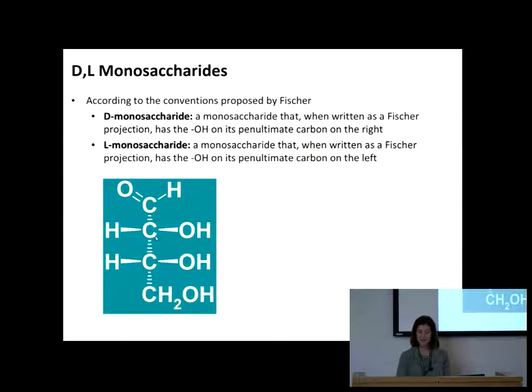So this is the D, biologically active. L sugars are not biologically active. And it's the opposite for amino acids. The L's are biologically active for amino acids, just to screw you up. So this is a D monosaccharide. And it's an aldotetrose, right? The 4: 1, 2, 3, 4.